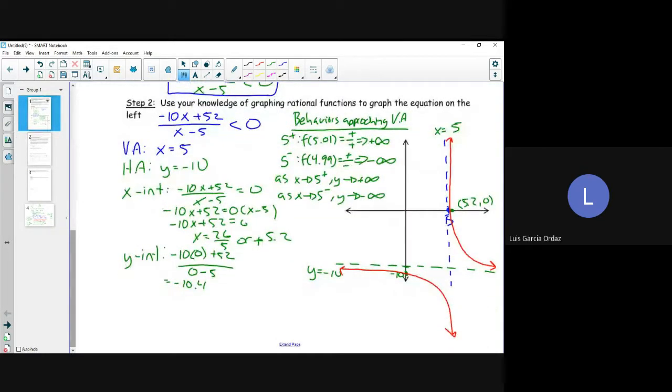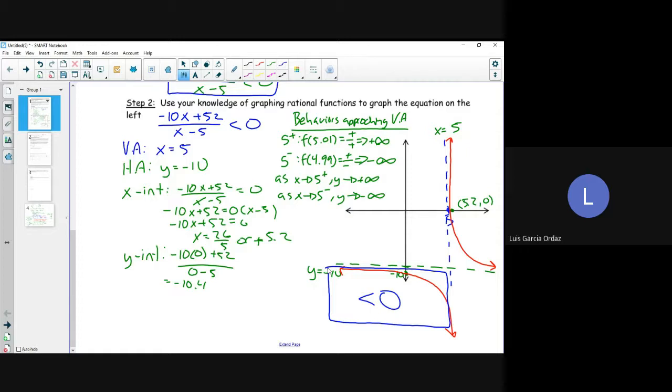So as we can see, from negative infinity all the way to the asymptote, this graph is less than 0. Okay? However, we can't say the same thing about x being greater than 5.